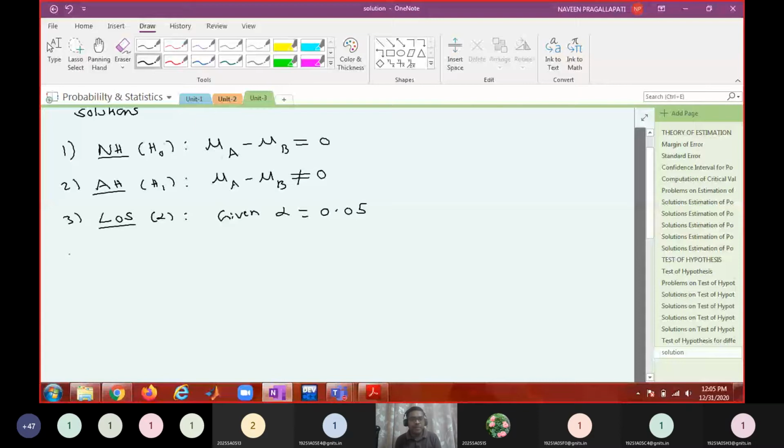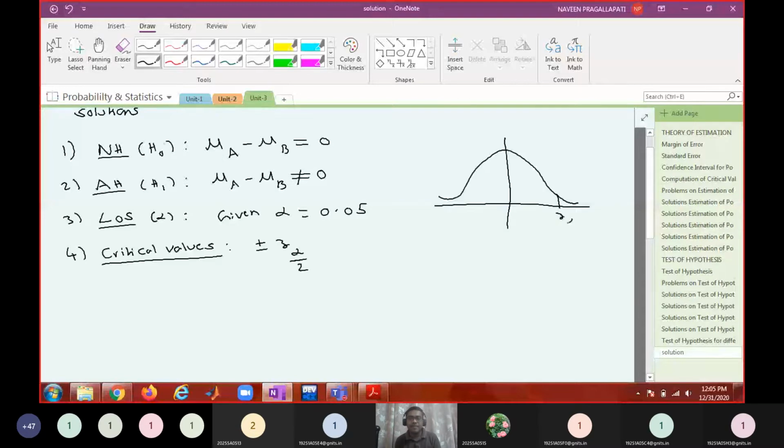What are the critical values? Plus or minus Z alpha by 2. So just draw a rough diagram of a bell curve, and plus Z alpha by 2 will be here, minus Z alpha by 2 will be here.